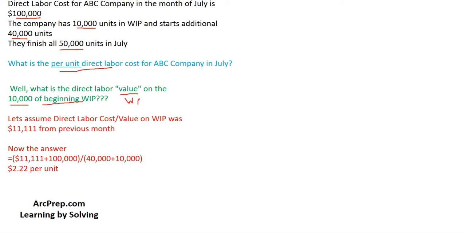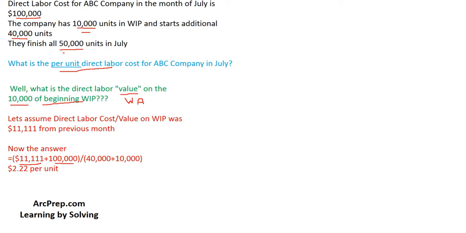So let's assume that the value of these 10,000 units were $11,111. Under weighted average, as the name implies, I'm going to get all the costs together, the work in process inventory plus that I'm adding, and then I need to divide it by the number of equivalent units that I'm finishing.